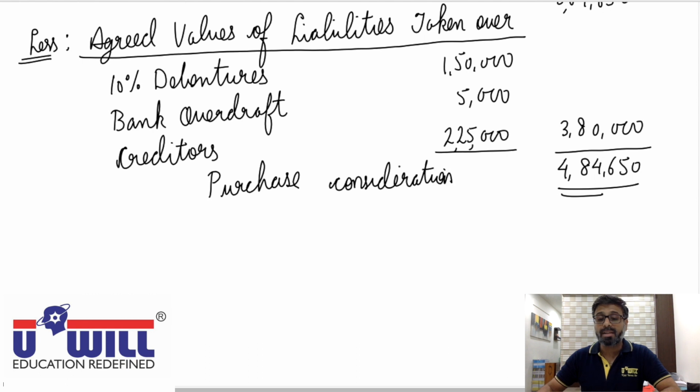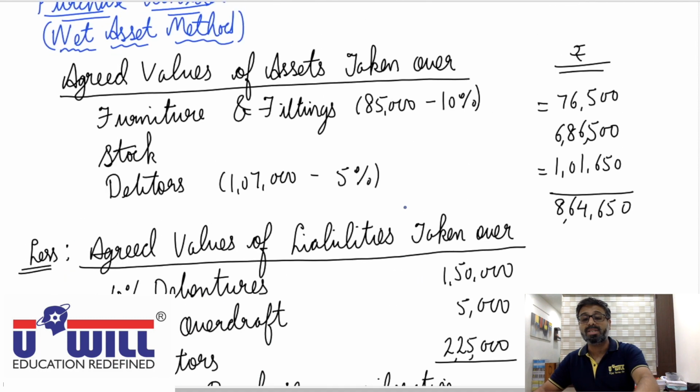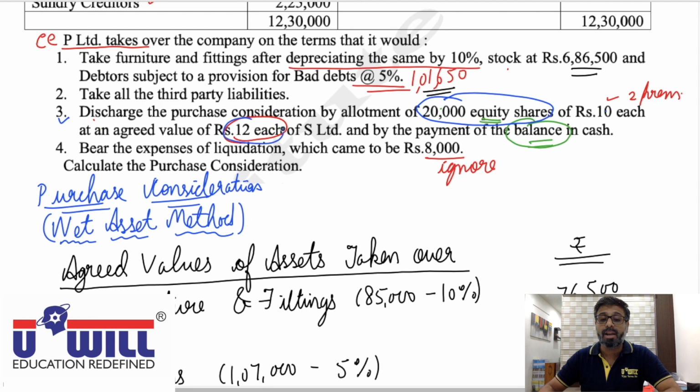Now after this we will apply the net payment method, that is, the modes of payment method. What all modes of payment are given? How are we supposed to pay this 4,84,650? Adjustment 3: 20,000 equity shares which are of 10 but at 12 rupees value.